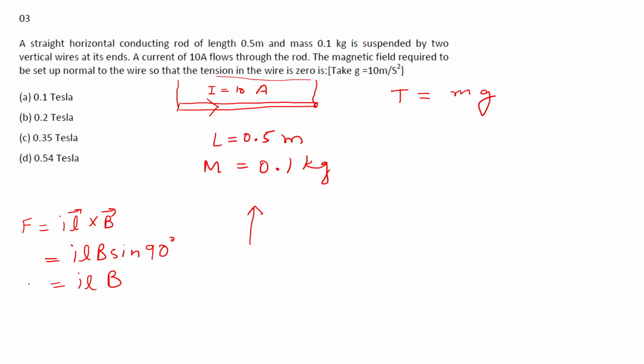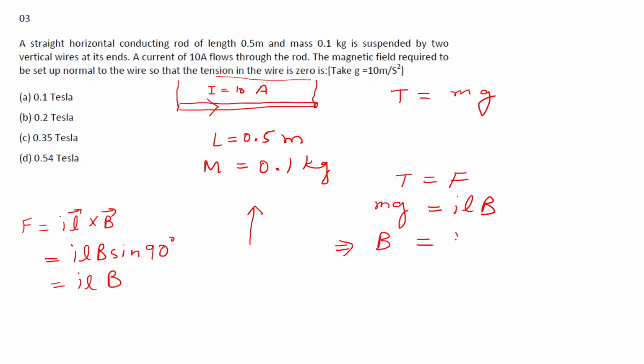Now this force has to be equal to the tension force. So when we equate them, this mg and this ILB, we need to find out how much magnetic field is required.